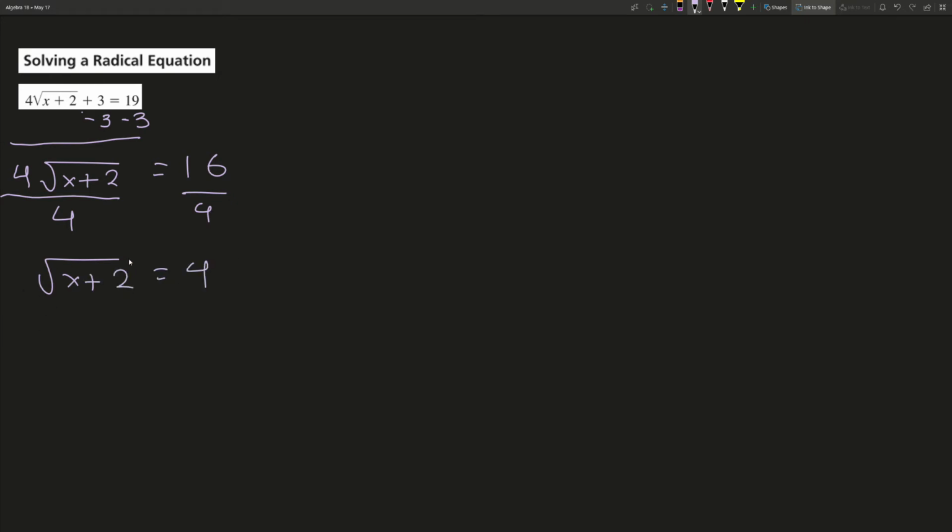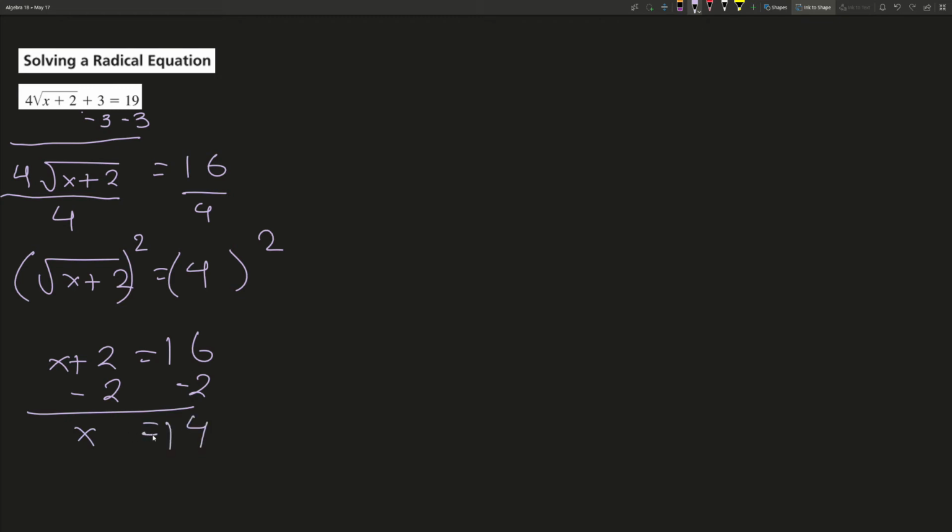And now, to get rid of the radical symbol again, we can square the whole thing. The square of this is x plus 2. 4 squared is 16. And now we can get rid of this 2 by subtracting 2 on both sides. So then x is equal to 14.